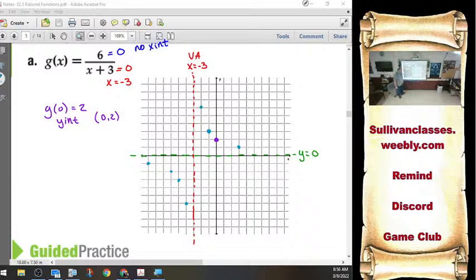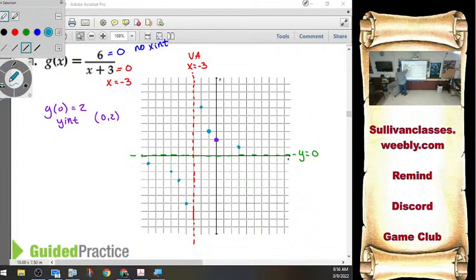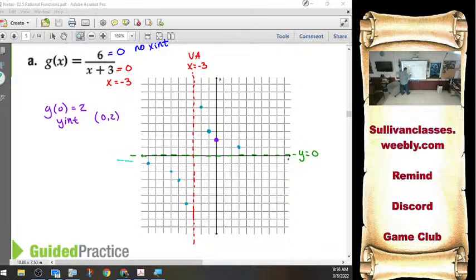I can use that symmetry to find some more points, or I can just look at my calculator and plot some points. I don't care which way you do it. Either way, I've got a few more points. I can connect the dots. I got my graph.